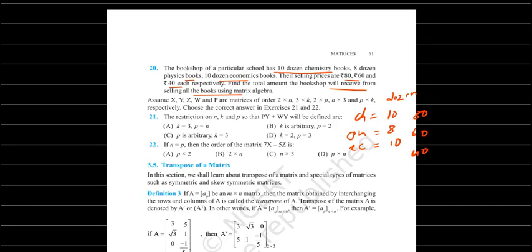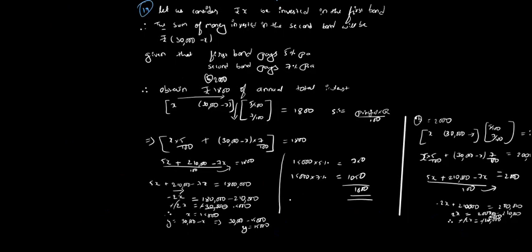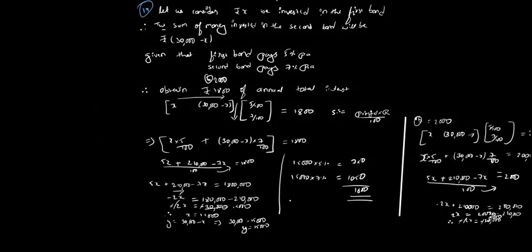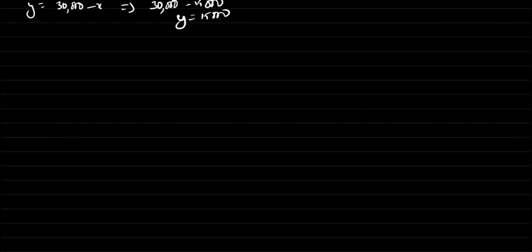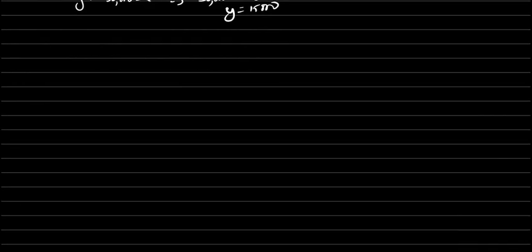But they said we need to do it in the matrix method. This is question number 20. Here we'll write in the matrix how many dozen he has: 10 dozen chemistry books, 8 dozen physics books, and 10 dozen economics books.